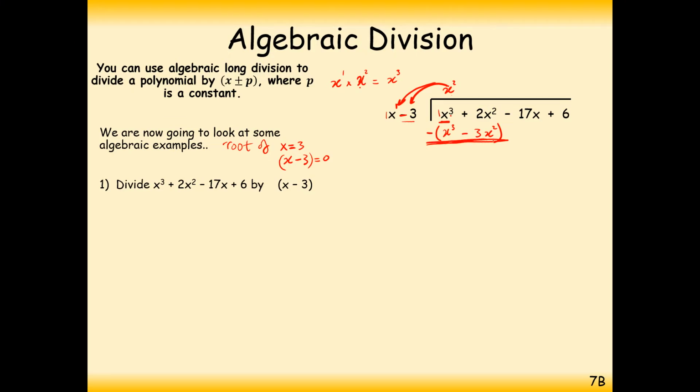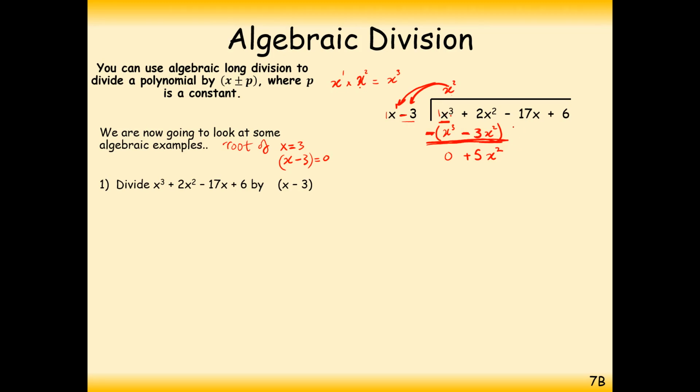Because when I'm subtracting, the x cubed and x cubed cancel away. I get a 0. But a minus and a minus make a plus. So I really have to add 3x squared to 2x squared. So the remainder here is a positive x power of 2. Be careful with that, alright? Because we're subtracting a negative 3x squared.